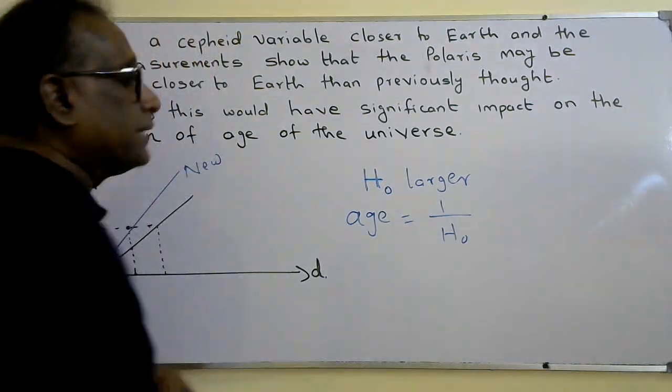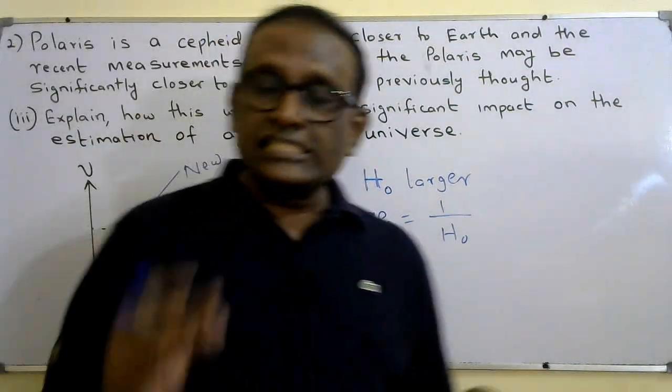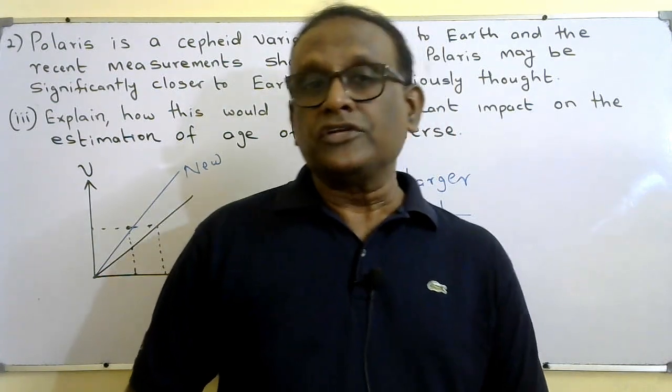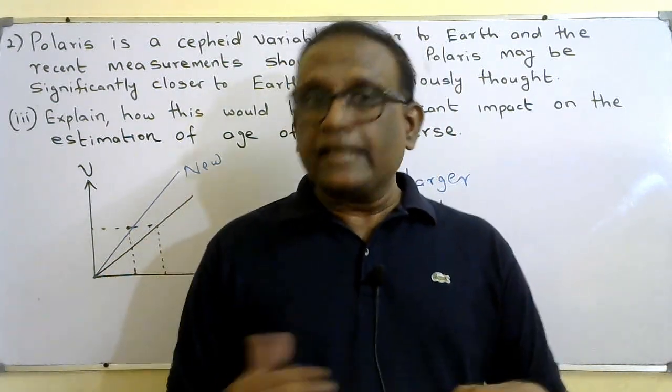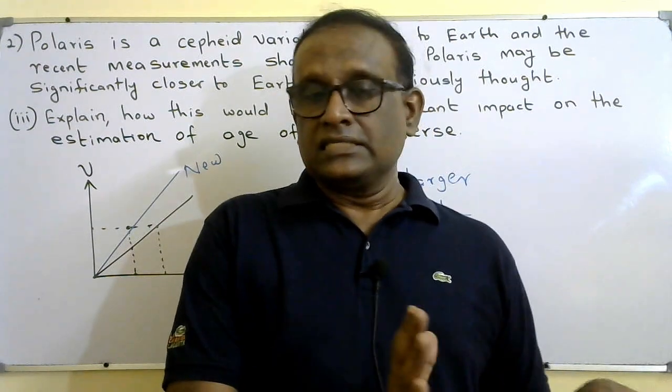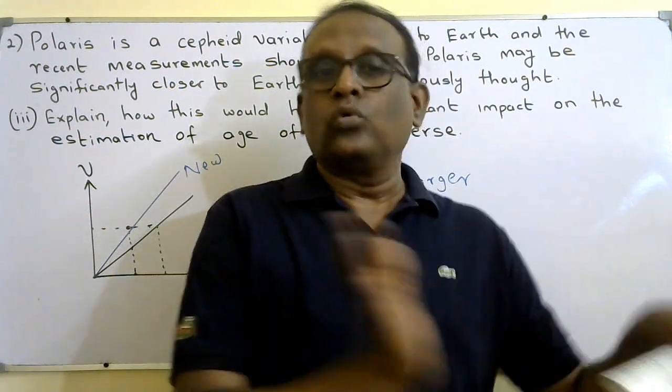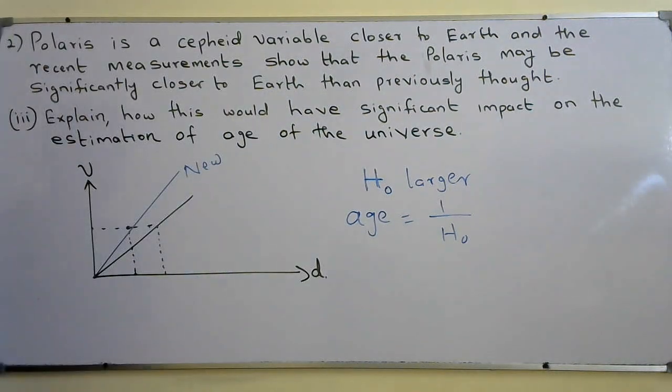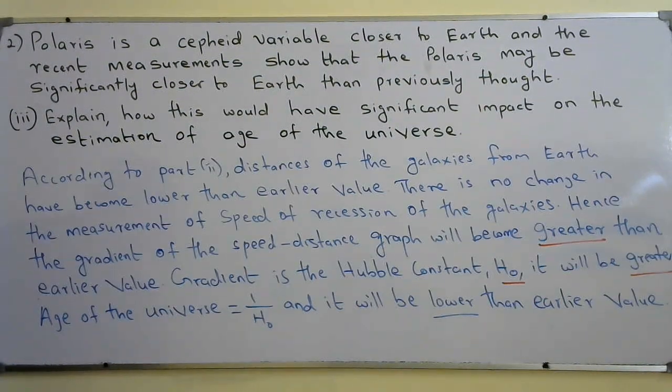So if the Hubble constant is greater, the age is going to drop. So the age of the universe will be lower than what we thought. That's the final answer. Okay, this is the answer you should write.